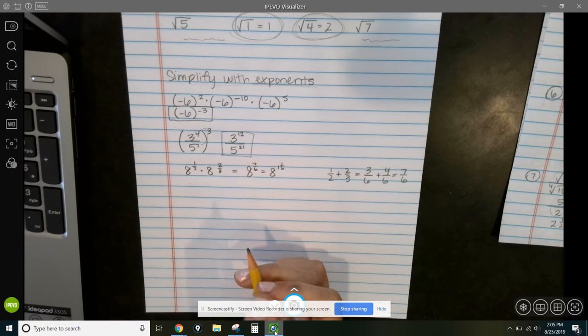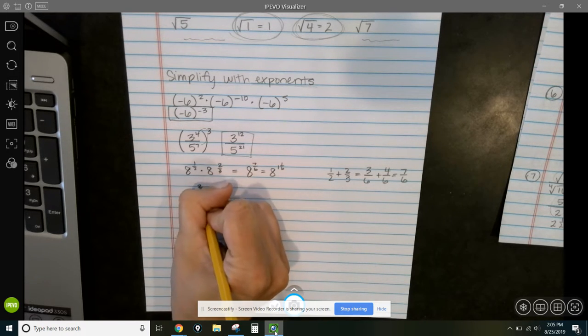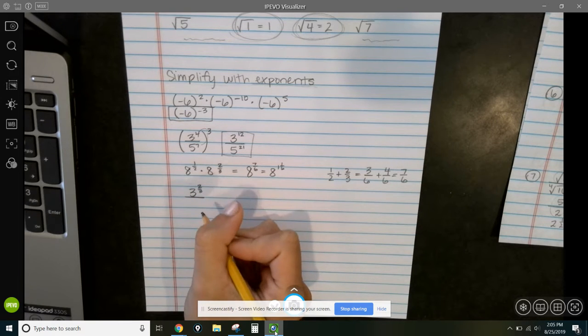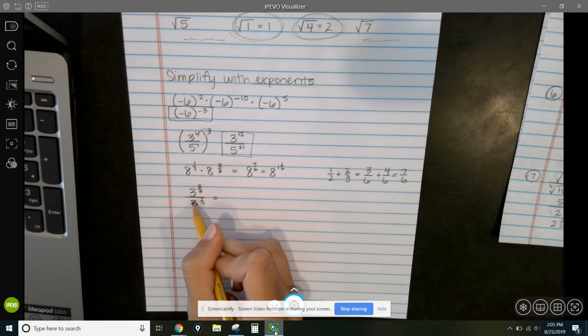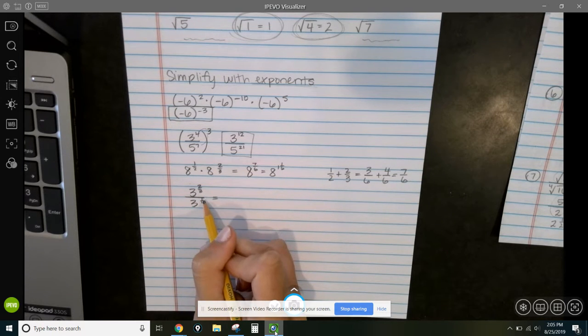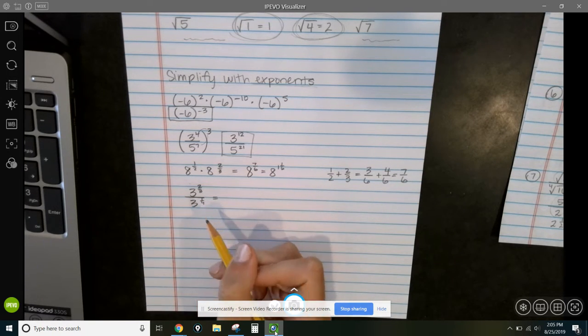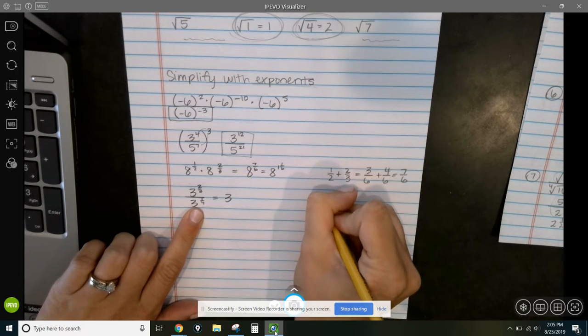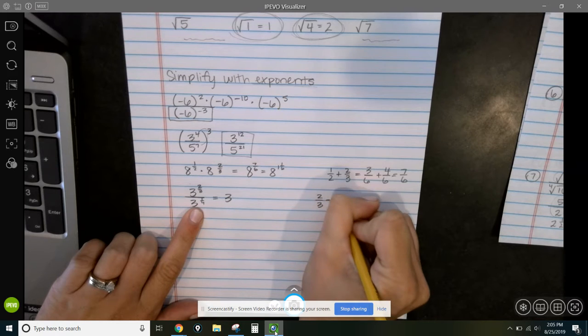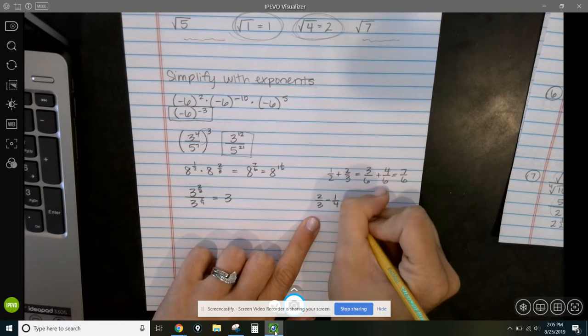Another one to simplify would be something like 3 to the 2/3 power over 3 to the 1/4 power. So since I have the same base, I can just subtract these exponents. That's the quotient rule. So I have to do 2/3 minus 1/4. So again, I have to get a common denominator. So I'm just going to come over here and do my scratch work.